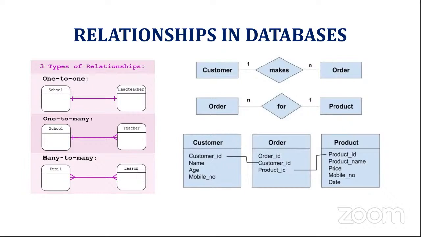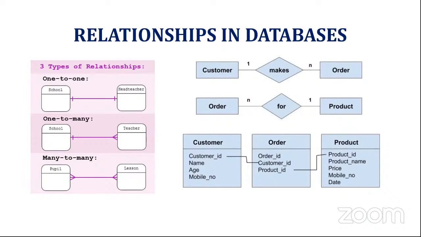So now a foreign key is a primary key of another entity in a different table. For example, when I come to the customer table, I have customer ID as the primary key because it is what is going to be unique about each customer.